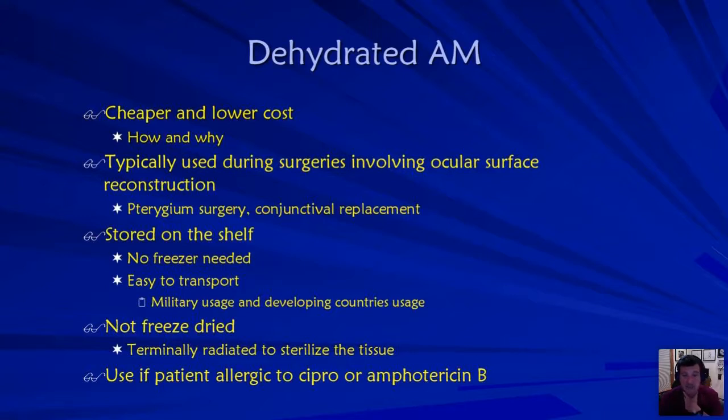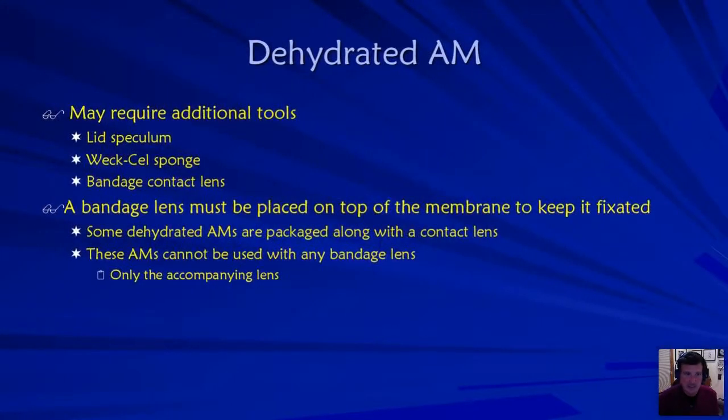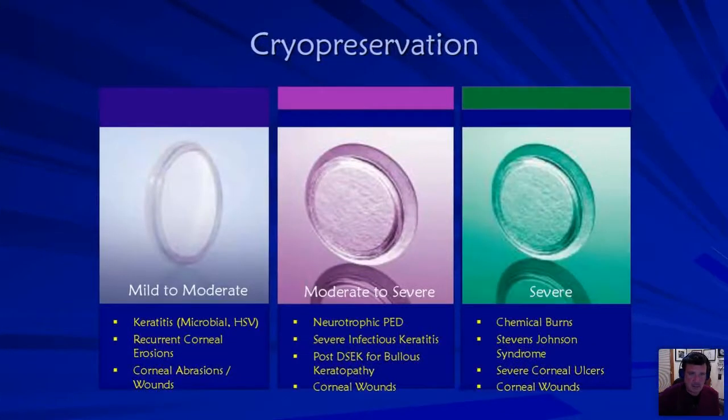And you could use, and this is an advantage, if the patient is allergic to Cipro or amphotericin B, and that's what the cryopreserved is stored in, then this might be an option to go to a dehydrated if they have an anaphylaxis to amphotericin B, which is an antifungal agent, and Cipro, which is a fluoroquinolone antibiotic. The dehydrated require a few extra tools: a lid speculum, a Wexel sponge, a bandage contact lens when doing the procedure. Switching over now to cryopreserved.